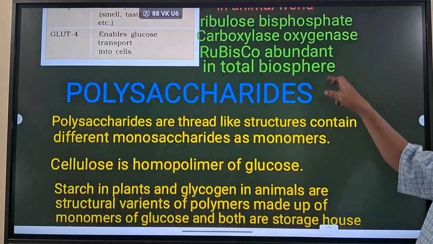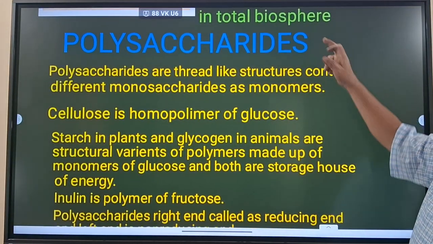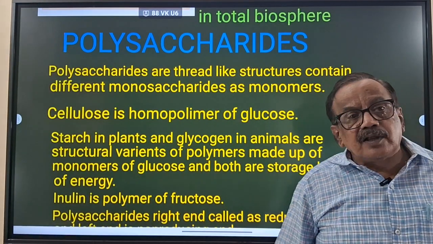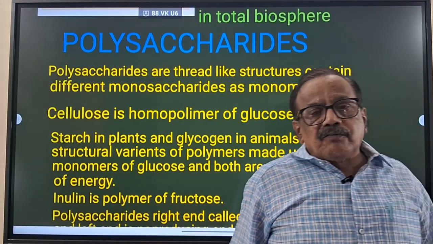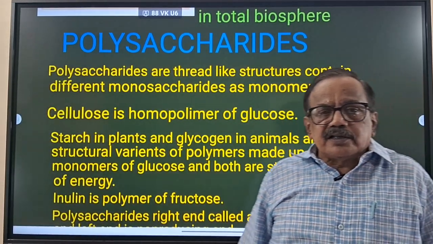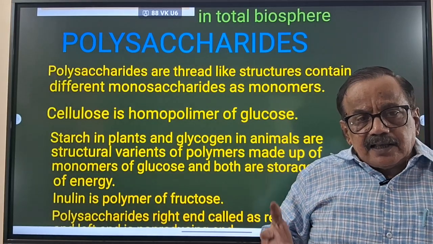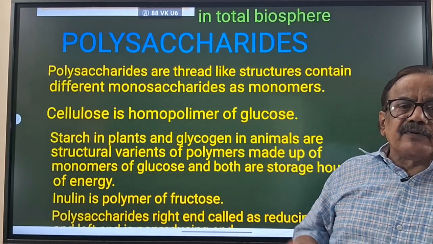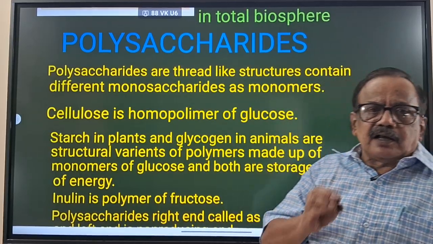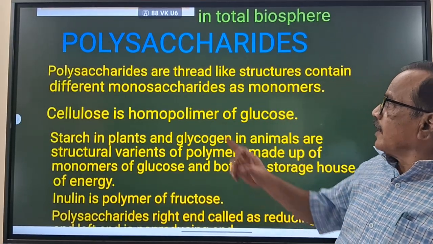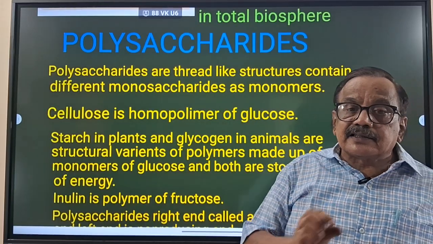Now we'll see the polysaccharides. Polysaccharides are made up of sugars. A polysaccharide is a polymer made up of monomers, that is, monomers of sugars. They are thread-like.